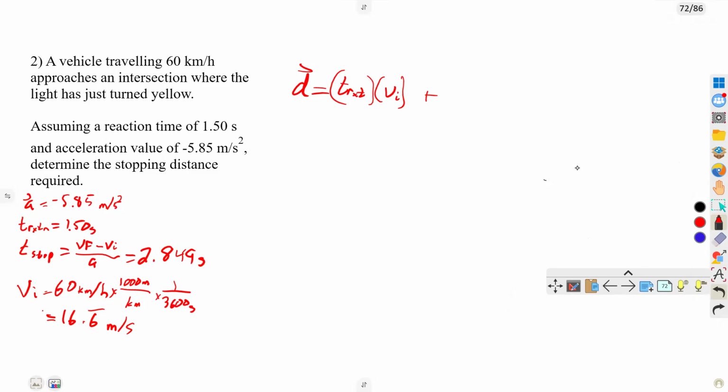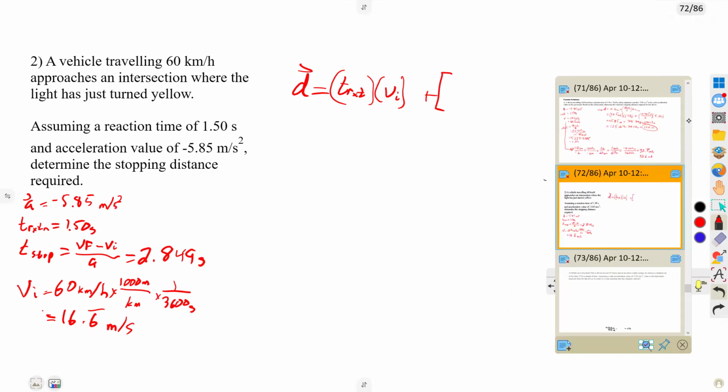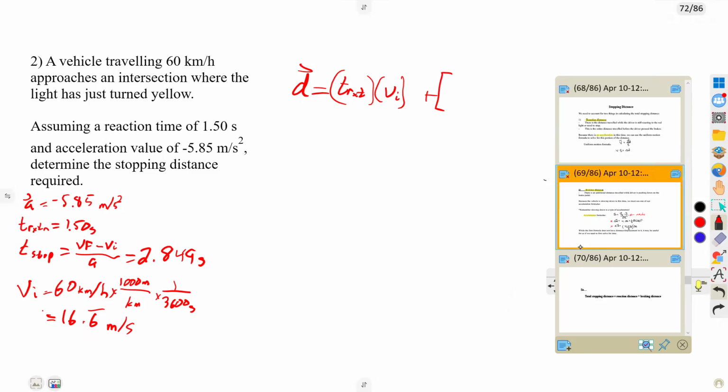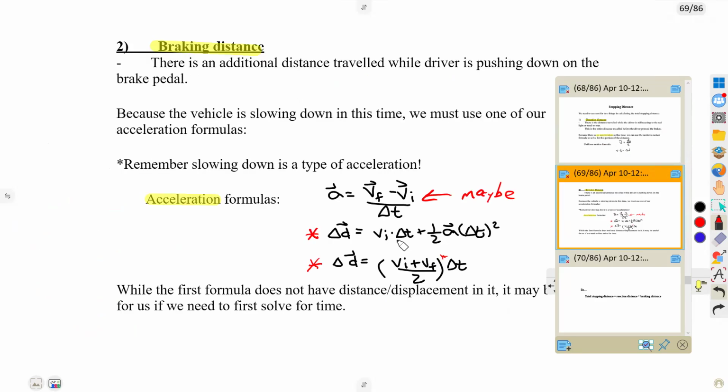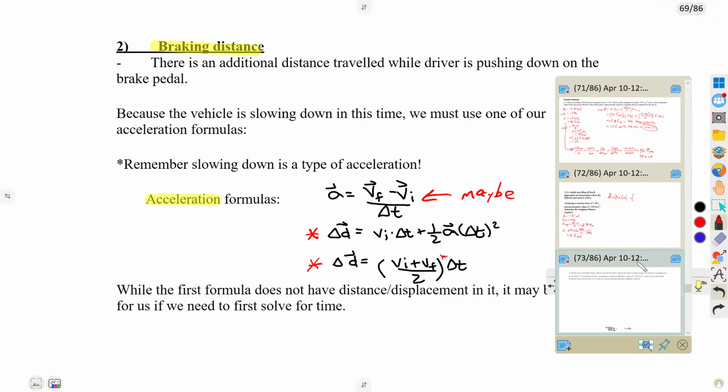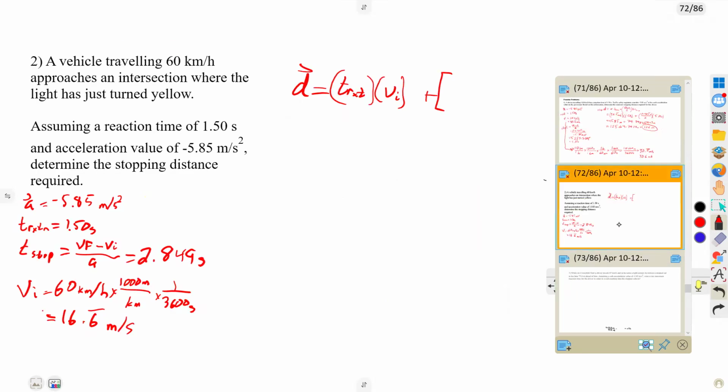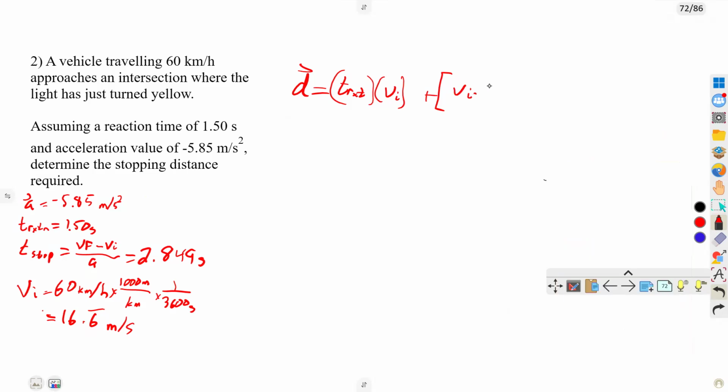This time I'm going to do the other one, and I'll just bring this up to remind us what that's going to be. It's VI times T plus 1/2 AT squared. You'll see why I like the other version of that better.